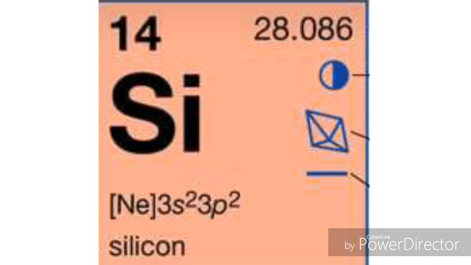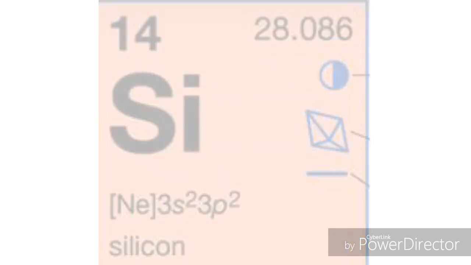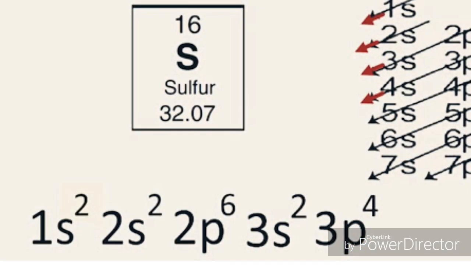Now let us see silicon. Neon is shown in brackets, followed by 3s2, 3p2, atomic number 14. So this is an easy way of representing electronic configuration. Sulfur, atomic number 16: 1s2, 2s2, 2p6, 3s2, 3p4. This is the usual way of writing.